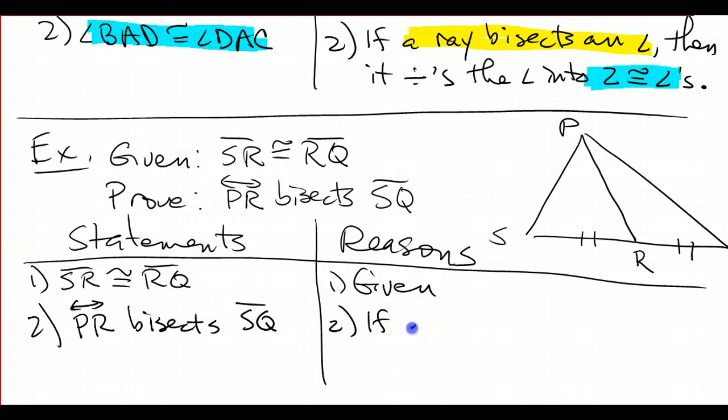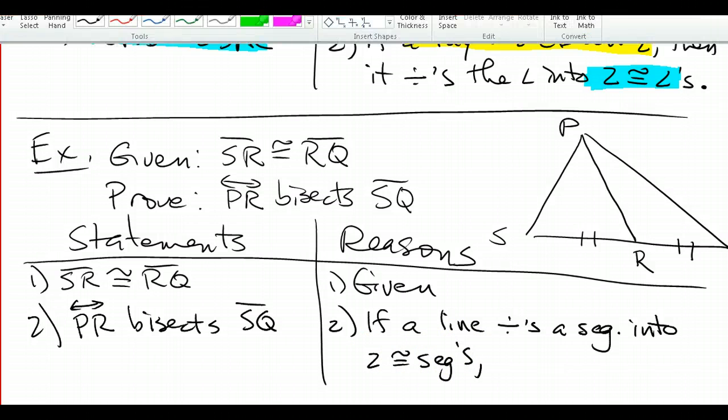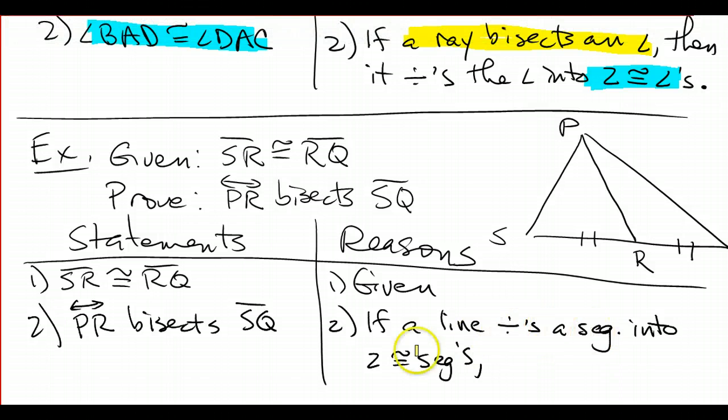If a line divides a segment into two congruent segments, so that's what I have. I've got my two congruent segments. That should be in a previous step, which it is in step 1, two congruent segments.